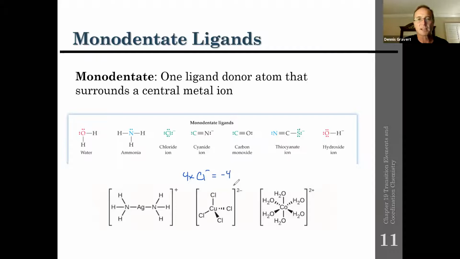So doesn't that give you a -4 charge? Yeah, but copper has some charge too. And together, x - 4 has to equal the net charge of -2. So add 4 to both sides, and you get that x equals +2. This is a copper +2 cation with 4 attached covalently bound chloride ions.